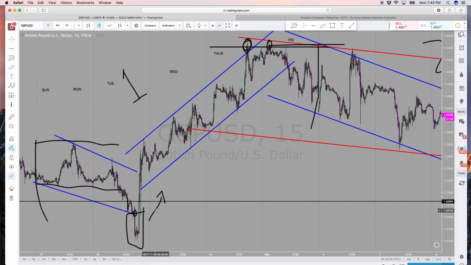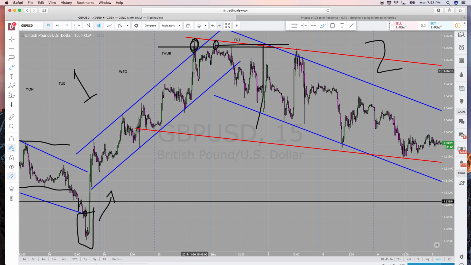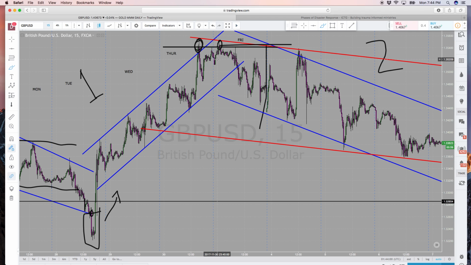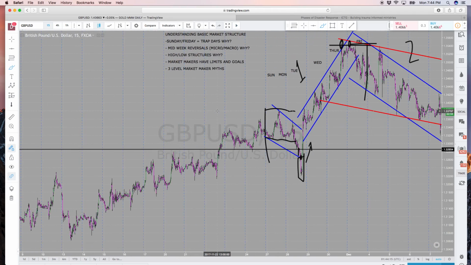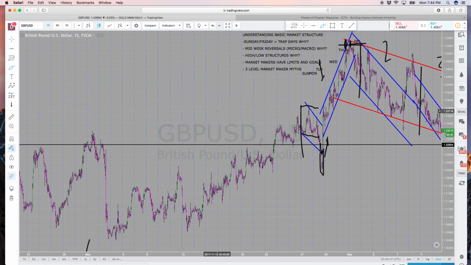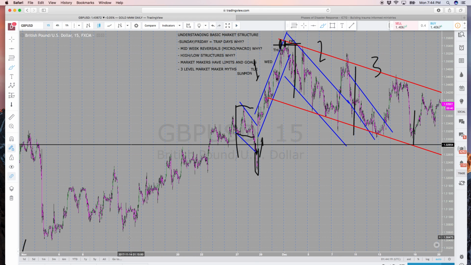And then we had a reverse in the market of about 300 pips to the upside. They created a high. A new month came in. December came in, right? Here's November's high. December, the market maker has their limits, right? The market maker has their limits. So, with that being said, take a look at this.